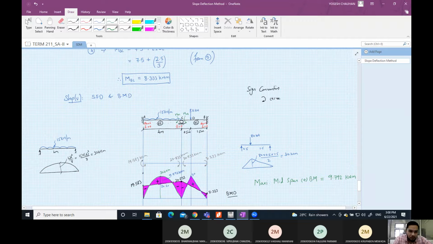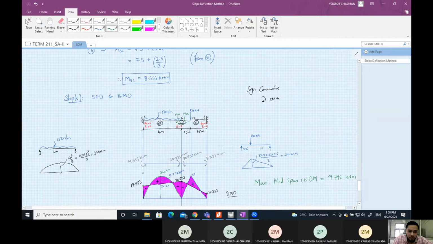Now, according to the direction of the arrow, you plot the bending moment. So let us say from here this is pointing upward, so this will move up, 19.583.